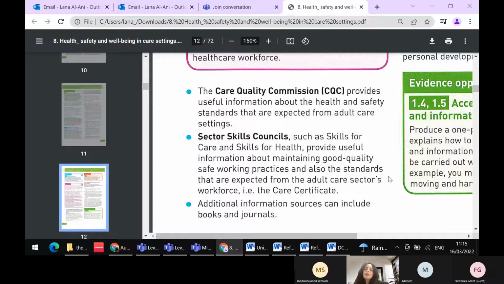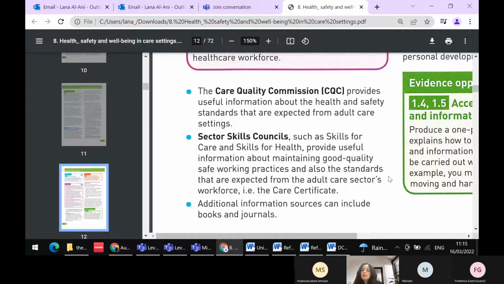Also, I can get information from sector skills councils. What are sector skills councils? Examples are Skills for Care and Skills for Health, which provide useful information on how to maintain high quality safety at work, which is very important.